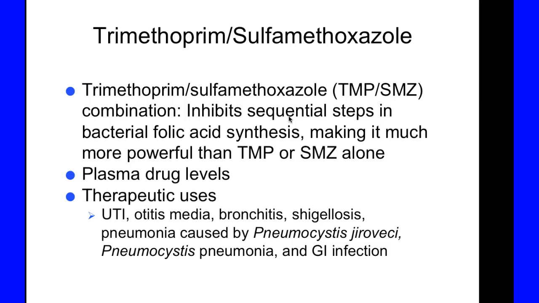It's actually one of the first line, with Macrobid as number one. We can also do an alternative of the Bactrim. Otitis media, bronchitis, shigellosis, because when it's combined, it can work for that. Pneumonia caused by pneumocystis pneumonia, GI infections.